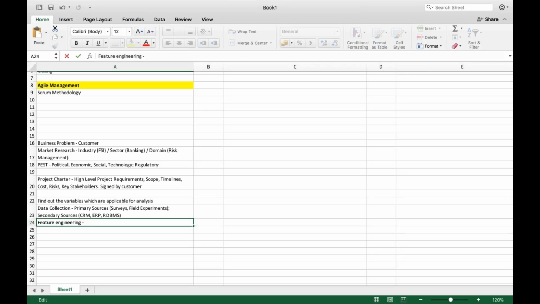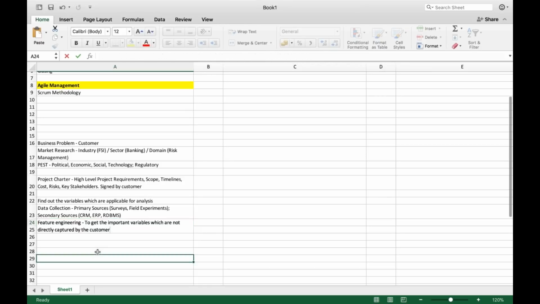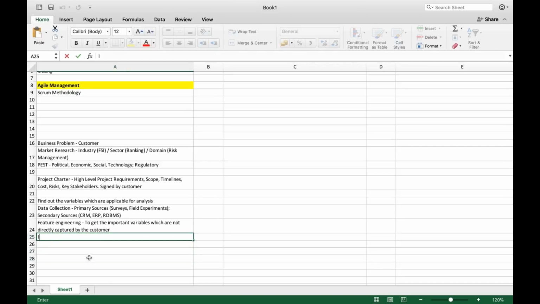Okay, so let me write it down rather. Feature engineering, you can do that for various reasons. One reason is to get the important variables which are not directly captured by the customer. If you have it, well and good.